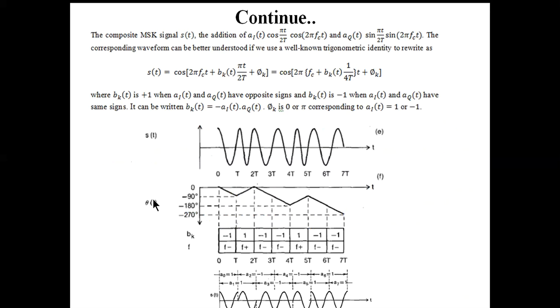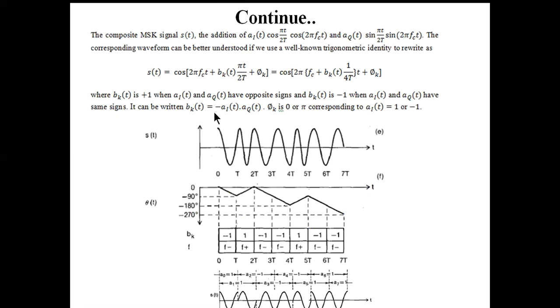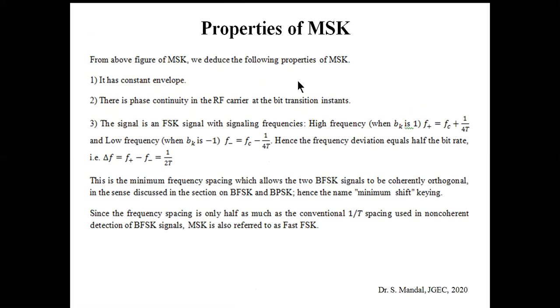Here, if we consider this part, that means consider phi k is 0, you can see that the value of bk(t) can take either +1 or -1. So this equation is similar to the FSK signal, where it can take either a high frequency or a low frequency.